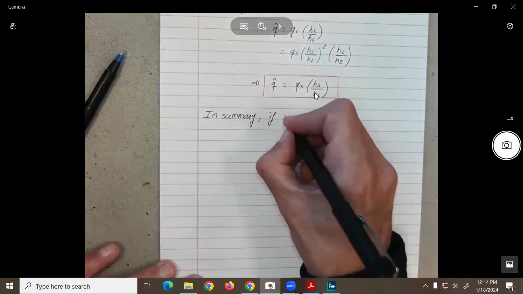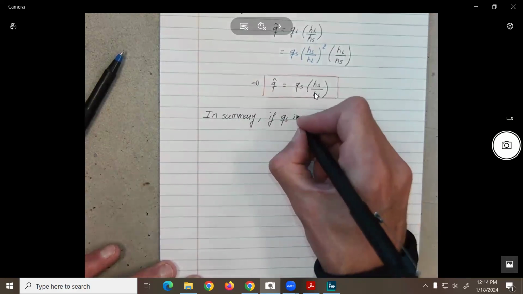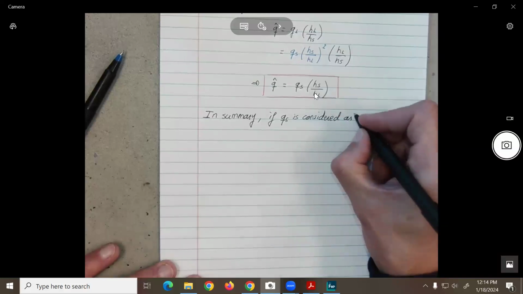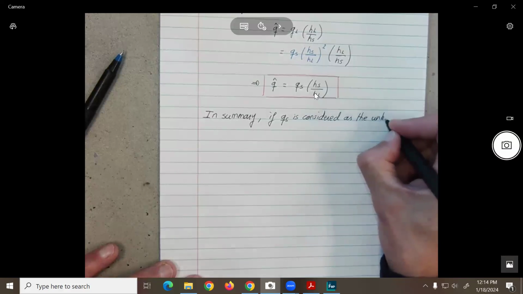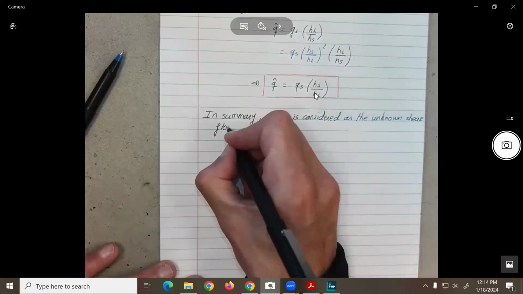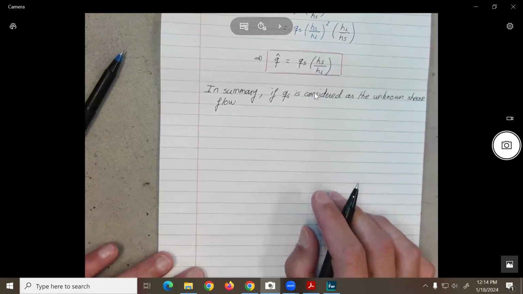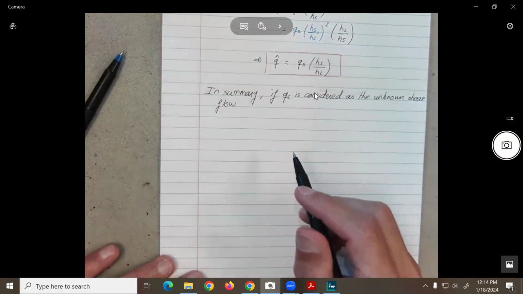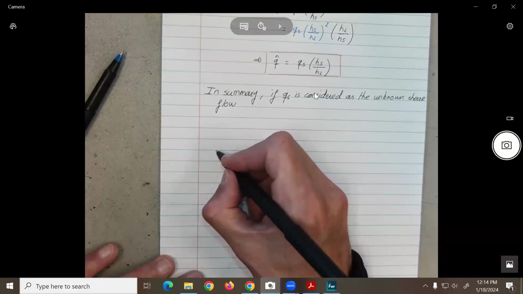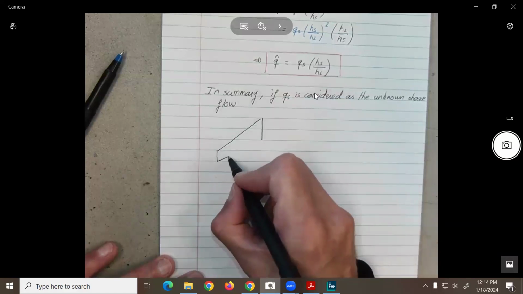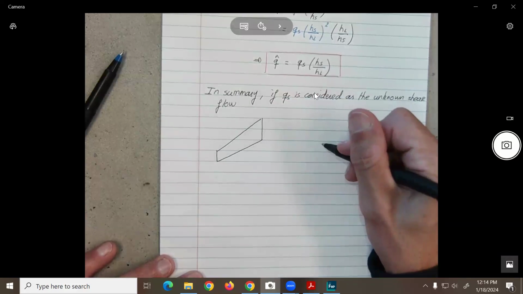In summary, you see if Q short side is considered as the unknown shear flow, okay, so if you remember, maybe I'm going to do two figures over here. One, two over here. And then, okay.